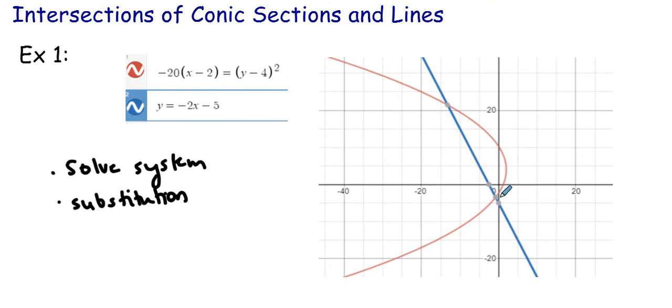Negative 0.78. So a negative, here are our points here, right? The points of intersection that we're trying to find, by the way, are this one and this one. So negative 0.78, that makes sense. And then negative 13.2. Okay, so that makes sense.